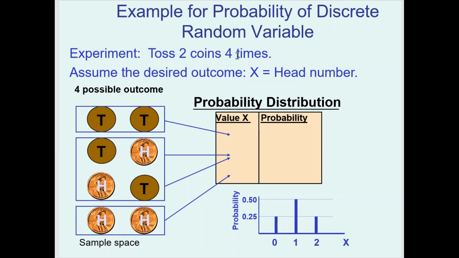Remember that we are tossing 2 coins here. So for the first time that we toss these 2 coins, both of them can become tail and tail. So this is the first possible outcome.